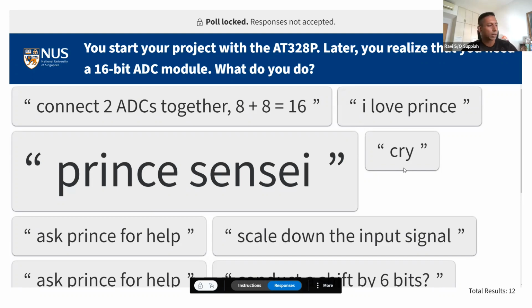Like I said, these are things that students have faced again and again. Sometimes it's unavoidable because maybe you were not told some of the requirements up front.